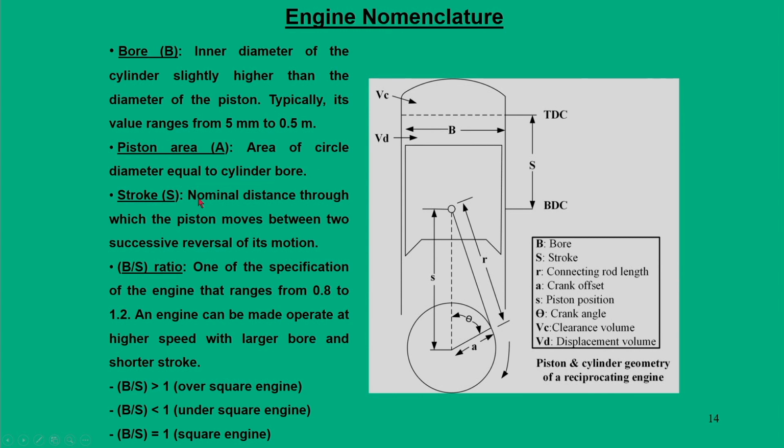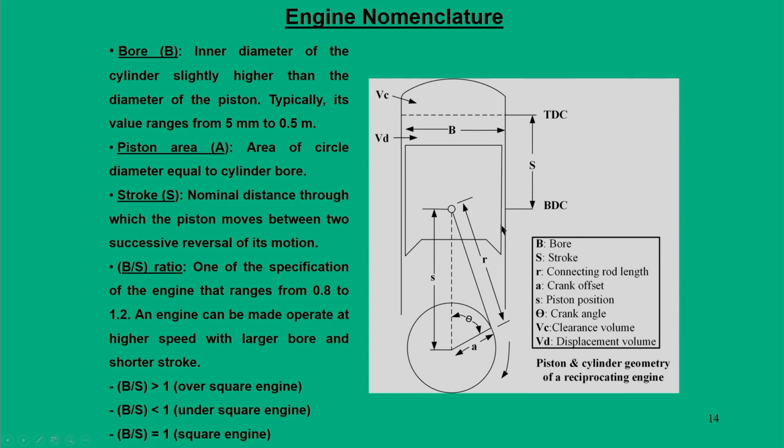Then we have stroke, that is the nominal distance through which the piston moves between two successive reversals of its motion. The piston moves in the cylinder back and forth. There is an upper position called TDC, top dead center, that is the upper limit to which the piston can go within the cylinder.